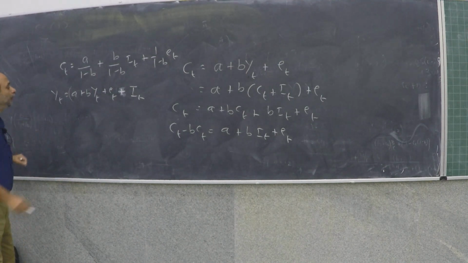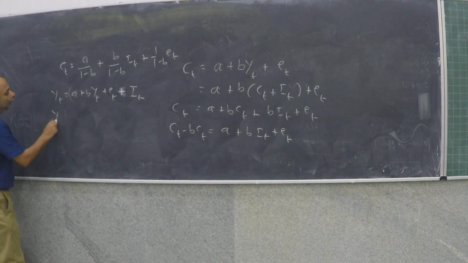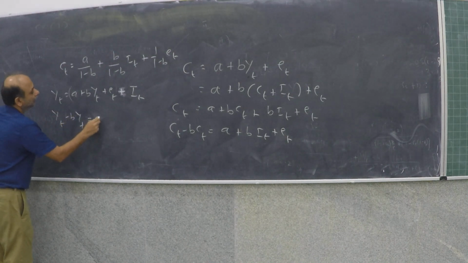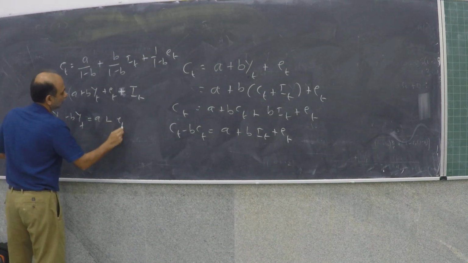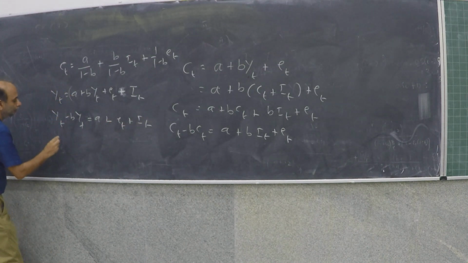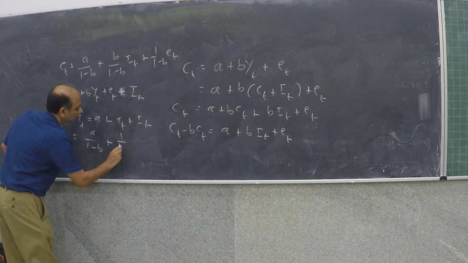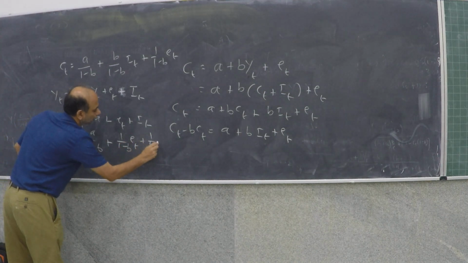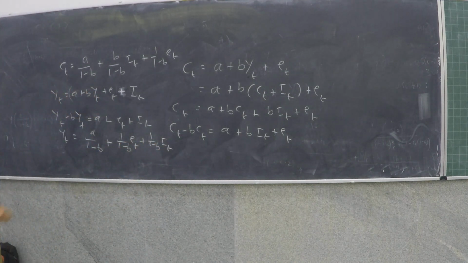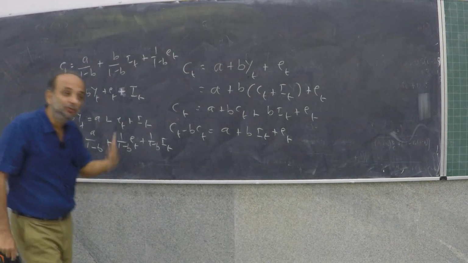So for Y_t, Y_t minus b Y_t is a plus I_t plus e_t, or Y_t is equal to a upon 1 minus b, and so on. This is the reduced form for Y_t, and that one is the reduced form for C_t.